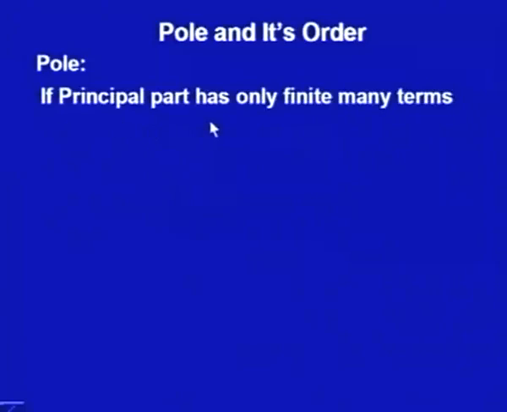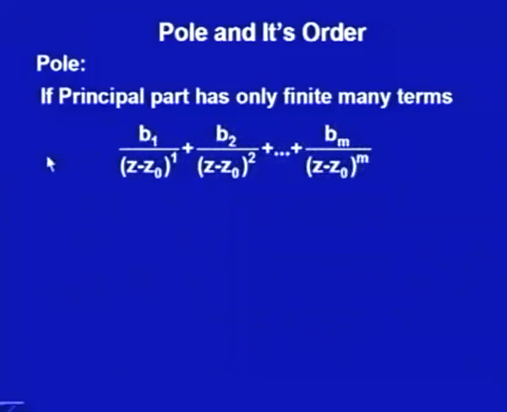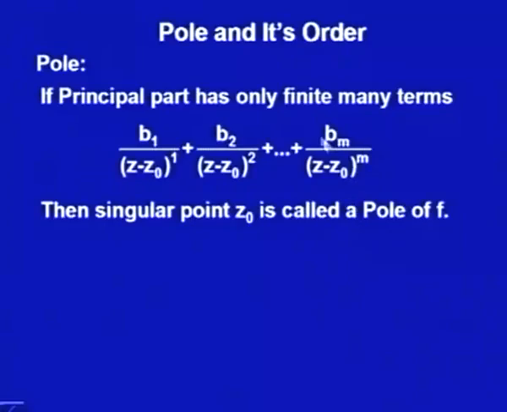If the principal part has only finitely many terms, that is, if the principal part is b1 upon (Z minus Z naught) plus b2 upon (Z minus Z naught) squared and so on, up to bm upon (Z minus Z naught) to the power m, and then bm plus 1, bm plus 2 and all those are 0, then we say that the isolated singularity Z naught is a pole and the order of that pole is m.